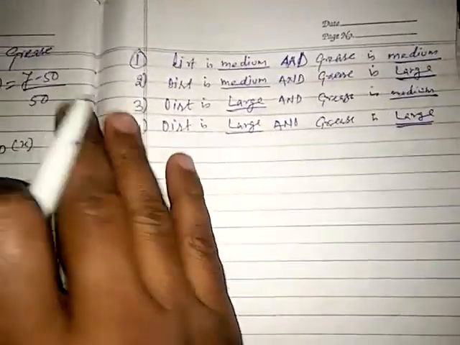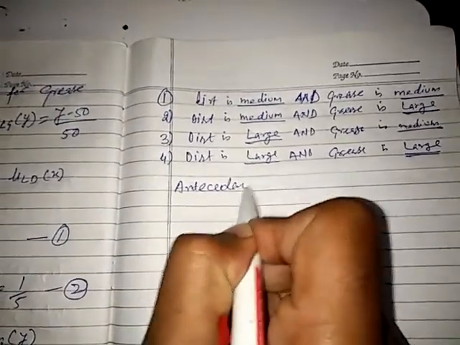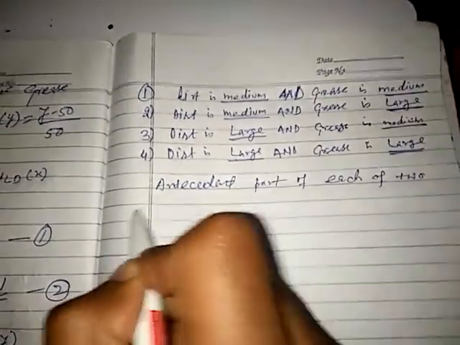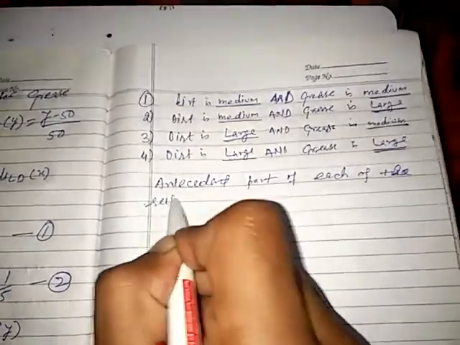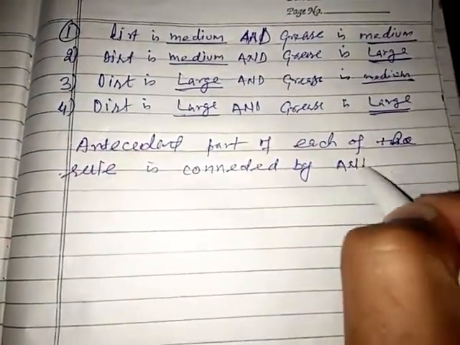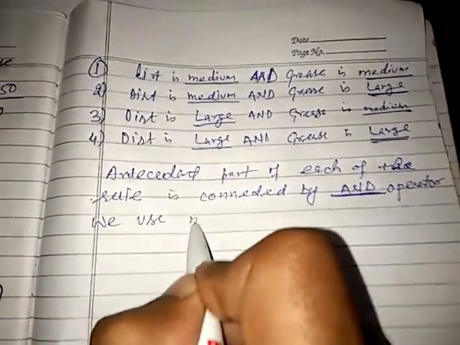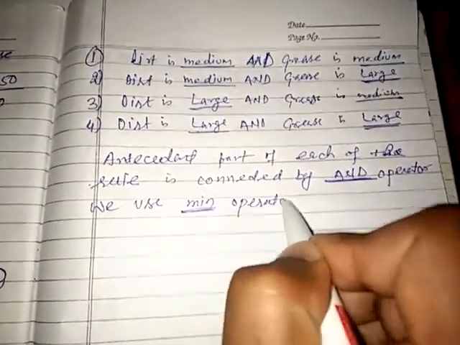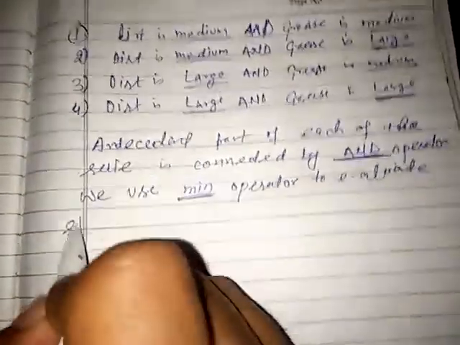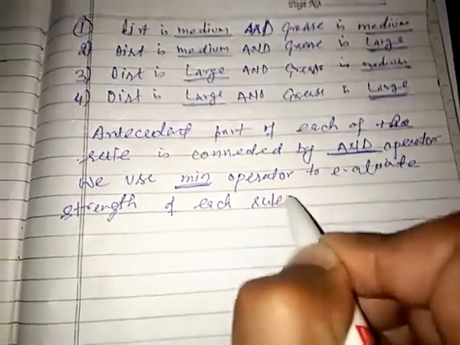Now since the antecedent part of each of the rules is connected by the AND operator, we use the minimum operator to evaluate the strength of each rule.